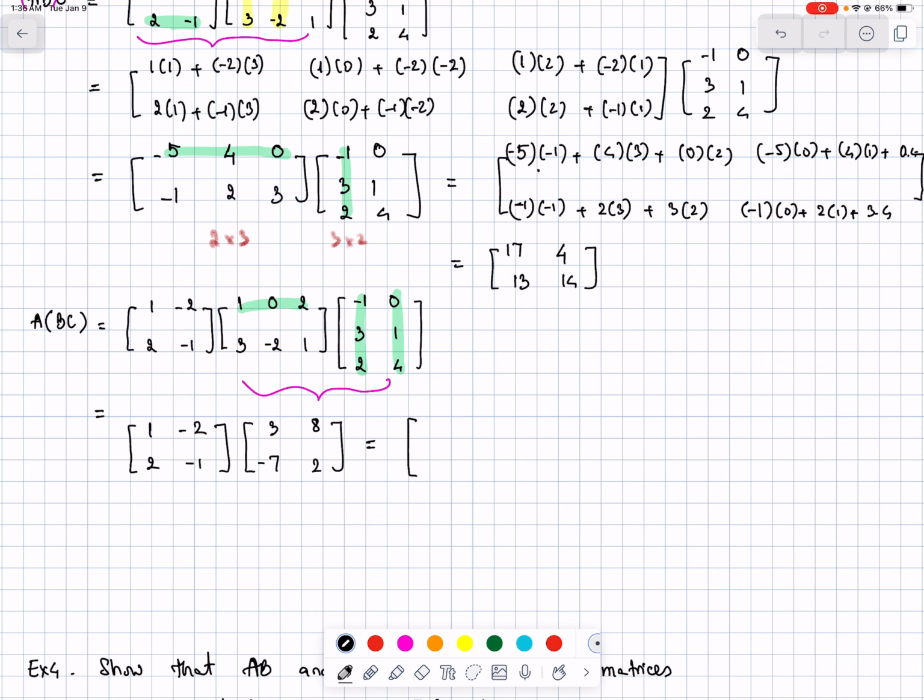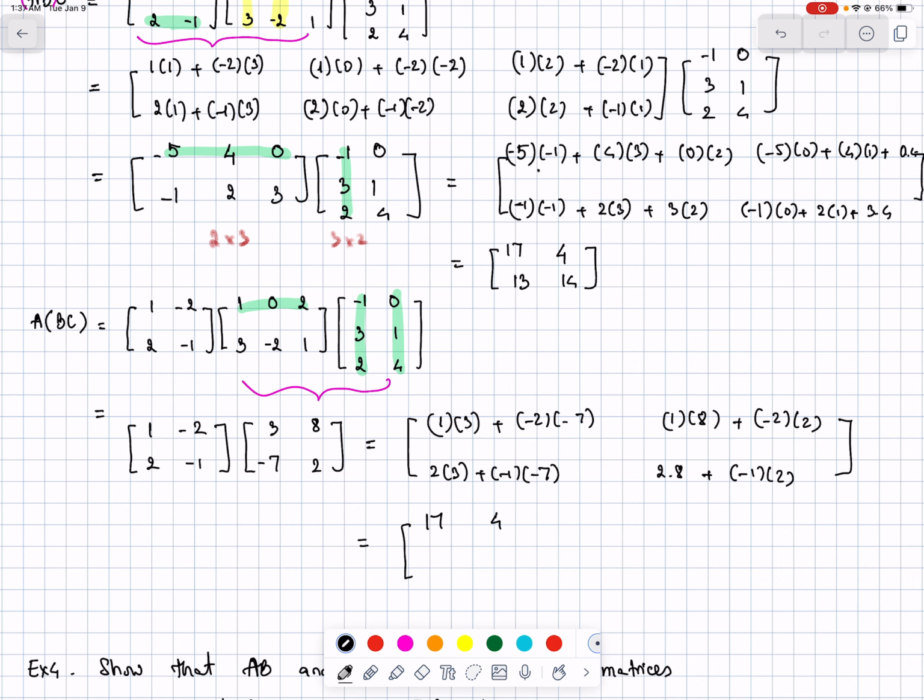And then we multiply 1 times 3 plus negative 2 times negative 7, 1 times 8 plus negative 2 times 2, 2 times 3 plus negative 1 times negative 7, 2 times 8 plus negative 1 times 2. Okay, so simplify this. We have 3 right here, 14 right here, so that will make 17. 8 plus negative 4 is positive 4, 13 in the bottom and 14 in the bottom.